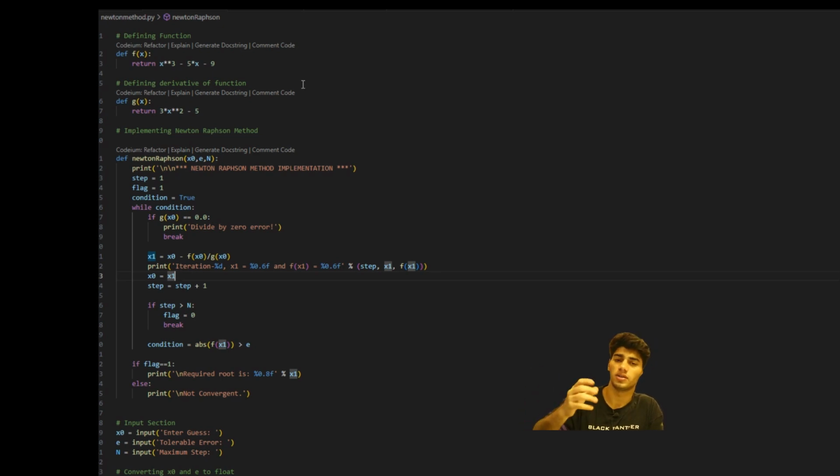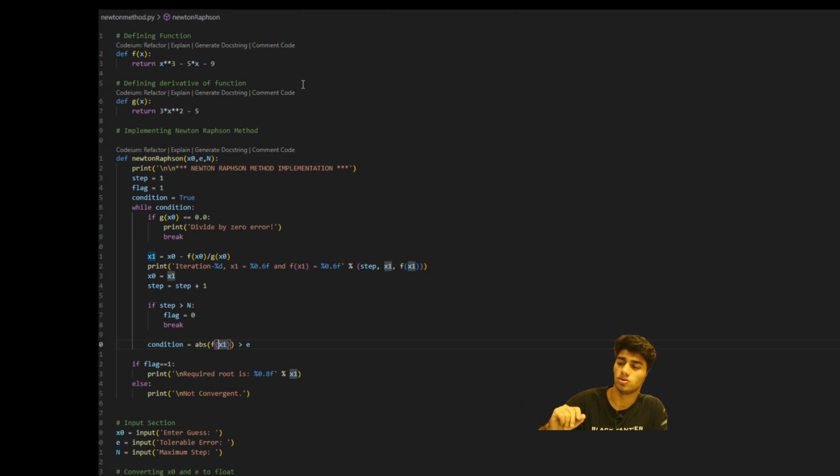Whenever the step we are at becomes bigger than the maximum number of iterations we have to perform, it will turn the flag to 0, which will break our condition and come out of the loop. Now we're saying that condition equals absolute f of x1.